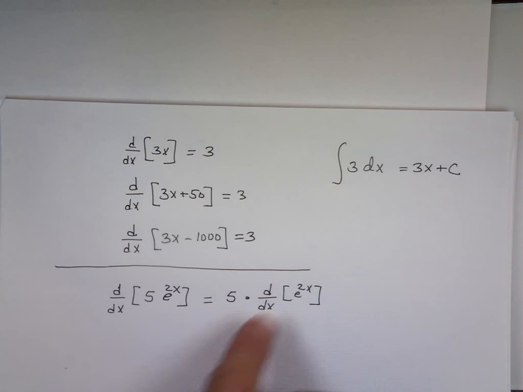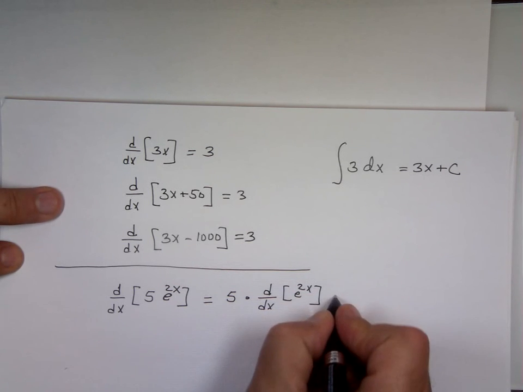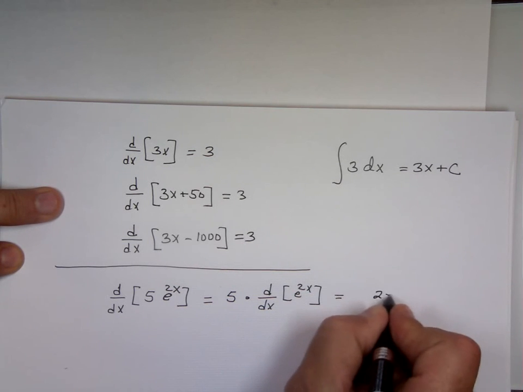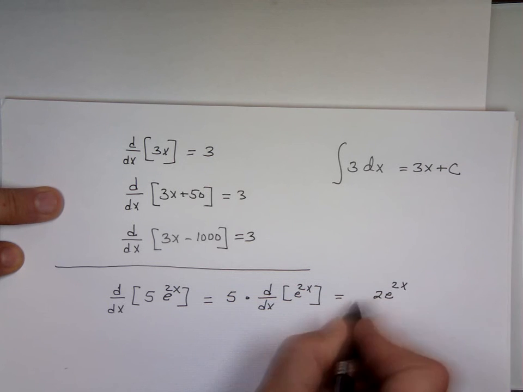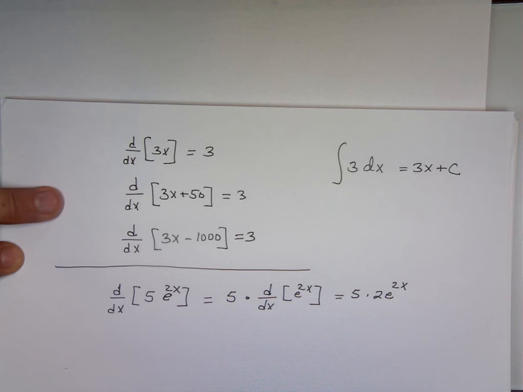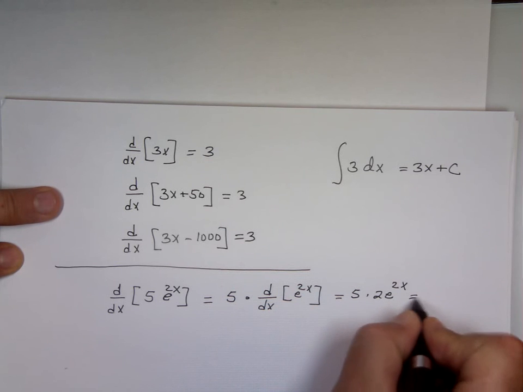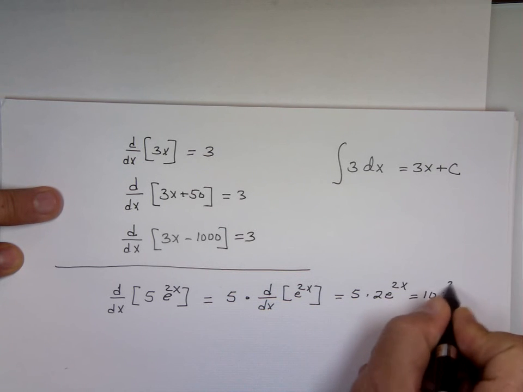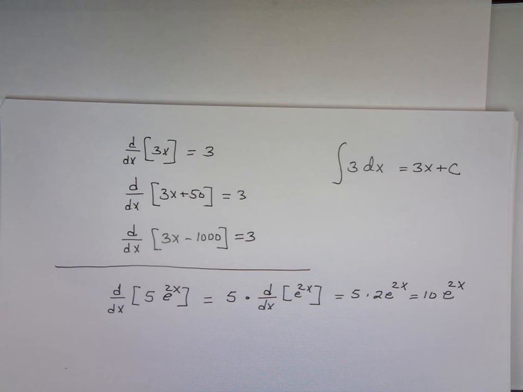What's the derivative of e to the 2x? That's 2e to the 2x. And the 5 is sitting in the front. So 5 times 2, 10e to the 2x. That's how we did them with the derivative.